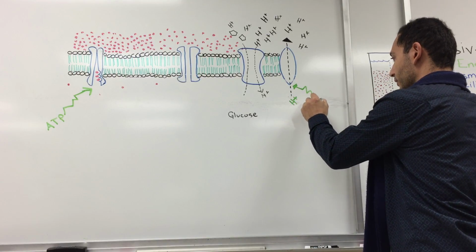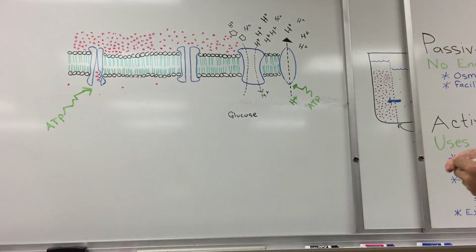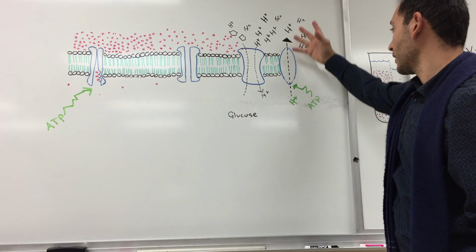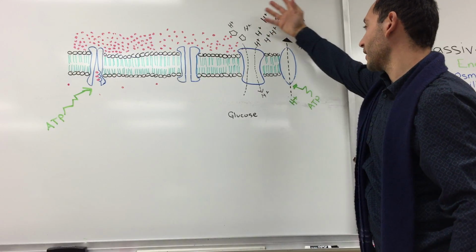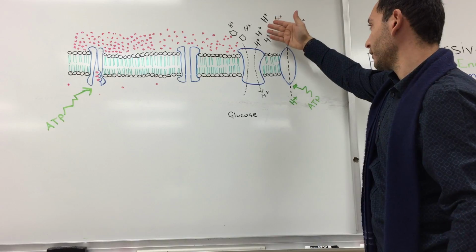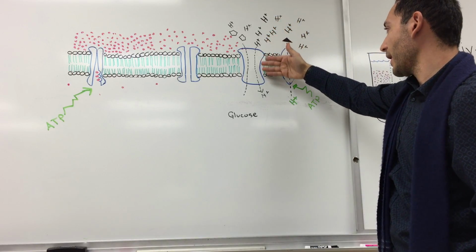That requires energy. So, why would any protein want to do this? Now you have yourself a high concentration gradient, and these protons are going to want to diffuse back.